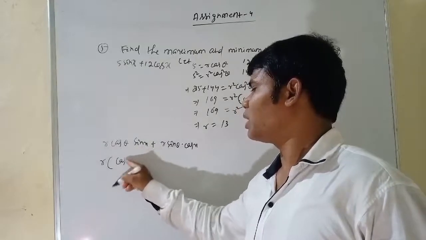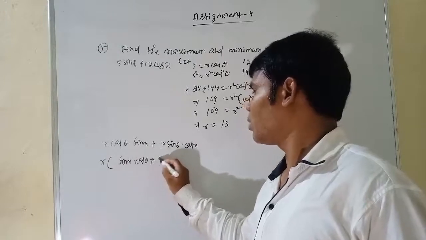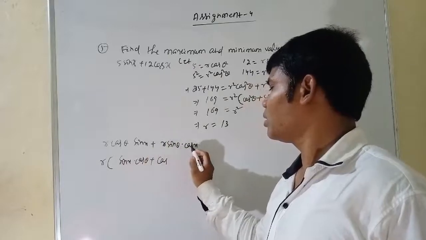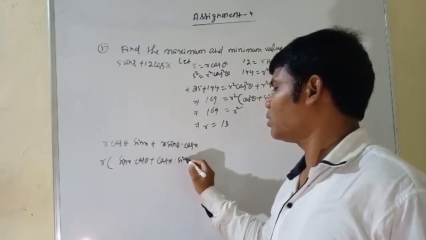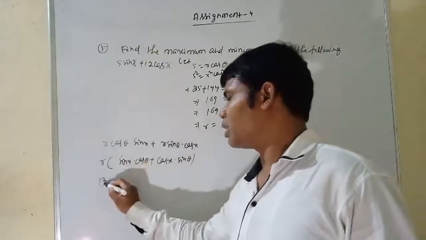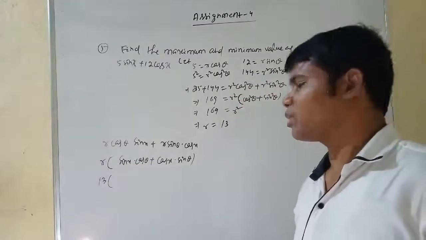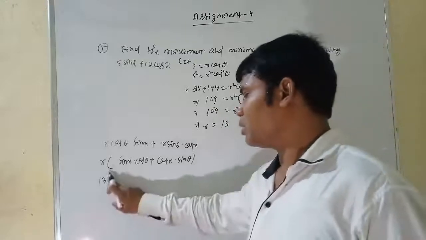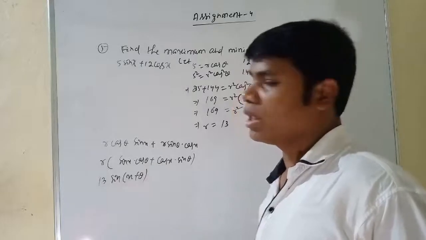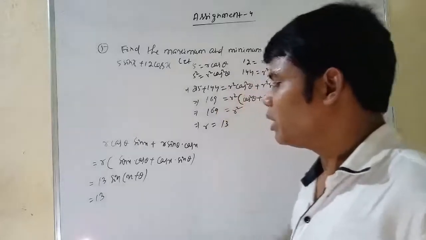This is cos theta, we can write sin x into cos theta plus, taking common r from here also, cos x into sin theta. Okay, r is equal to how much? That r is equal to 13. Okay, this is sin a into cos b plus cos a into sin b, that is sin a plus b. So this is equal to sin of x plus theta. Okay, so it is equal to 13, here you see sin x plus theta.